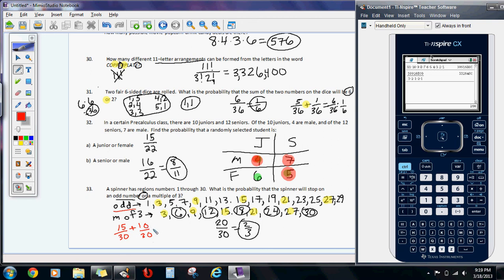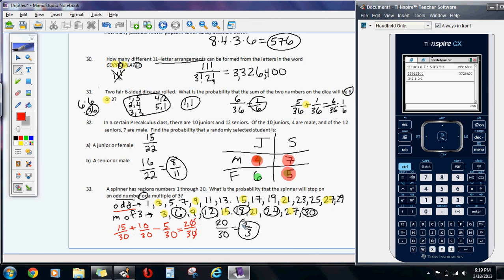The problem was there was overlap, so we could subtract the overlap, which is 1, 2, 3, 4, 5. There are 5 situations of overlap. So if we go through this, you will see that we have 15 plus 10, 25 minus 5, which gets me to 20 over 30.